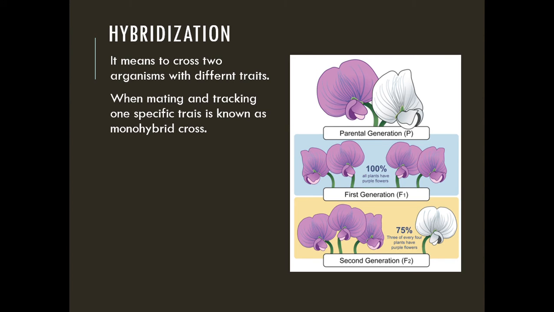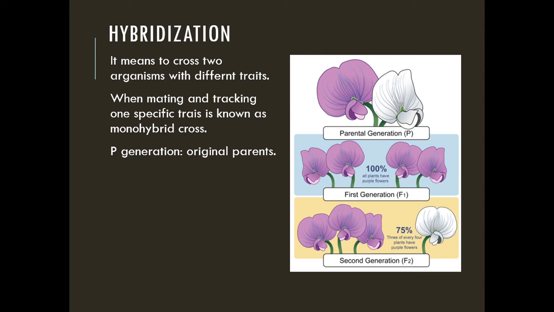Mating and tracking one specific trait is known as a monohybrid cross. So let's suppose that we only combine the purple trait. The mother and the father are both purple. So it will be a monohybrid cross. But once we start crossing two different genes, just like purple and white, it will be known as hybridization.